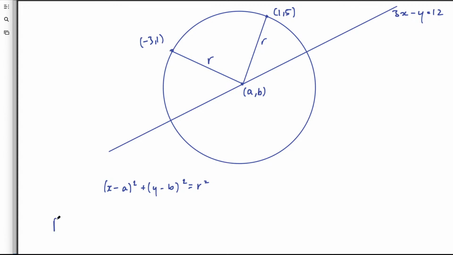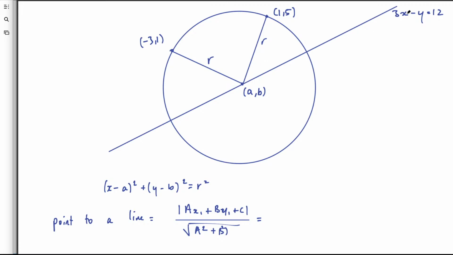So the distance from a point to a line, that was ax1 plus by1 plus c over the square root of a squared plus b squared. Let's use that again.